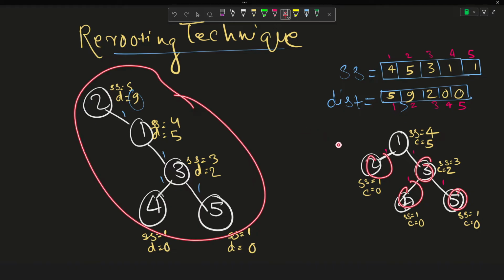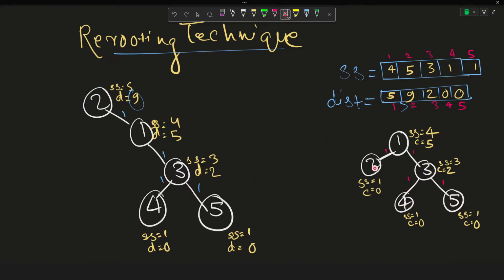So in this way we don't have to call DFS again and again for each one of these nodes, but rather just calculate it one time for the first node. So we calculated it for this tree once, and then we just did a second DFS call, and in the second DFS call we were able to get the correct arrays for each one of these vertices when treated as the root.